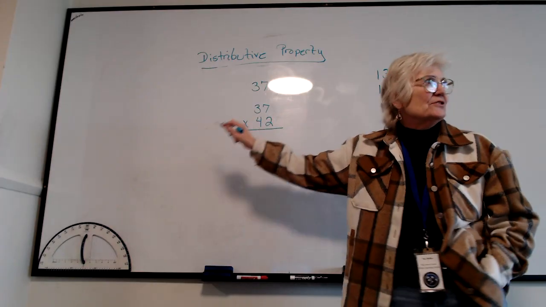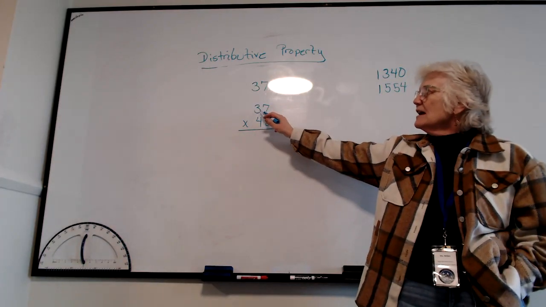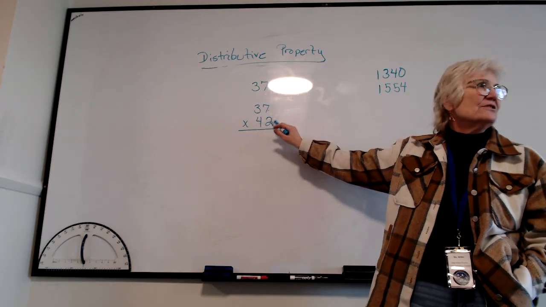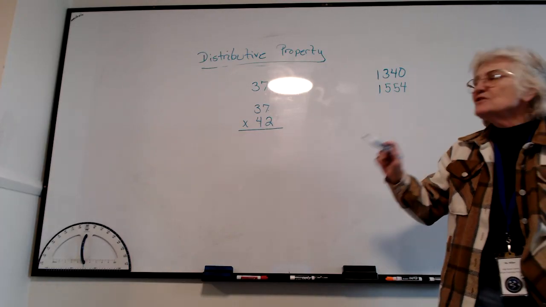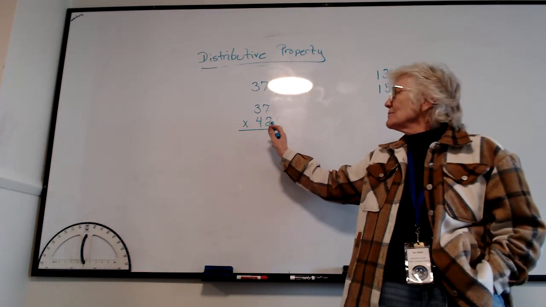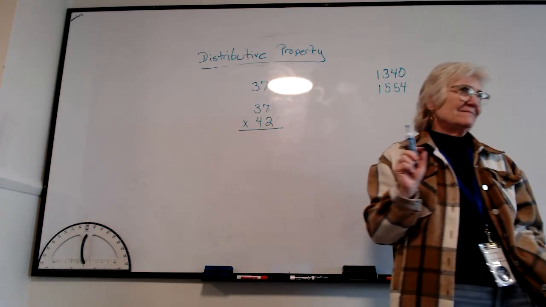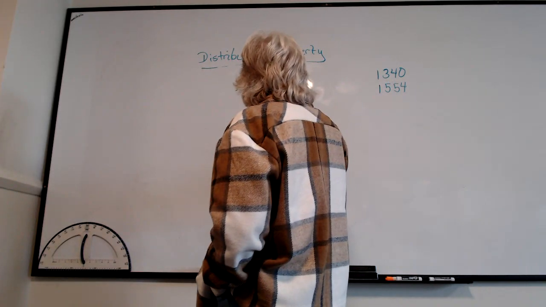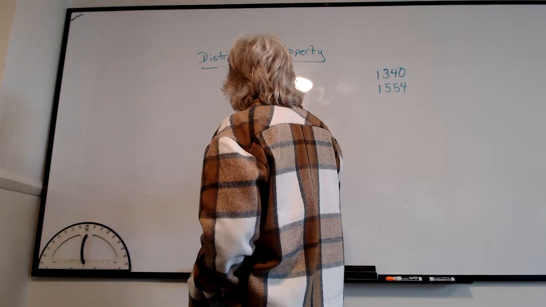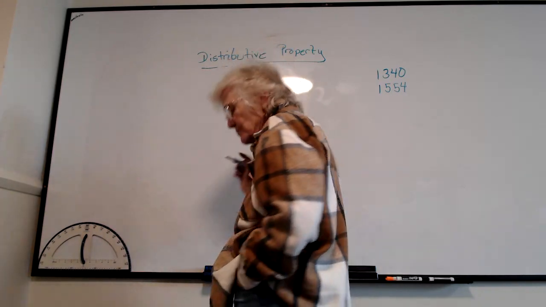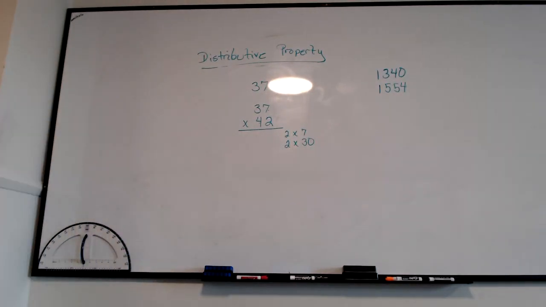You guys agree that this is 30 and this is 7. This is 40 and this is 2. So what I'm really going to do is multiply the 2 times the 7 and the 2 times the 30, because that's really what I need to do. So I'm distributing that to both things. 2 times 7 and 2 times 30.